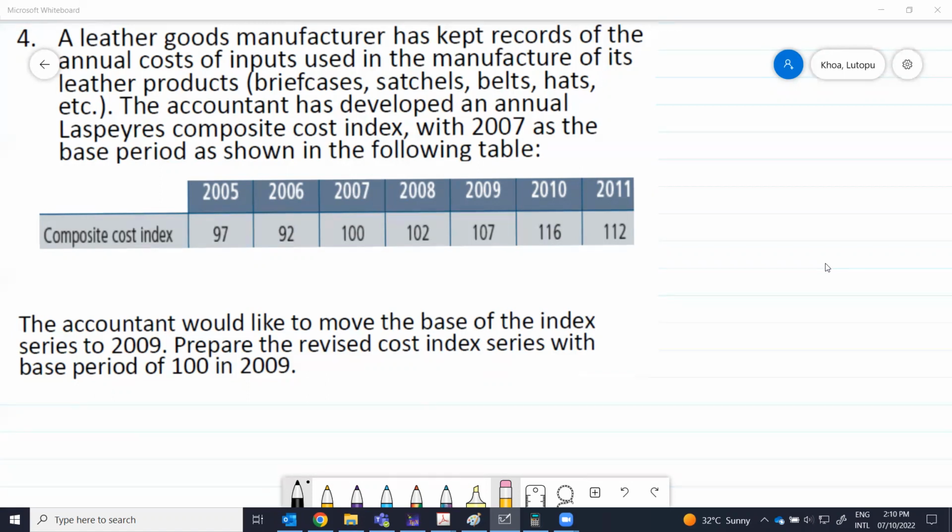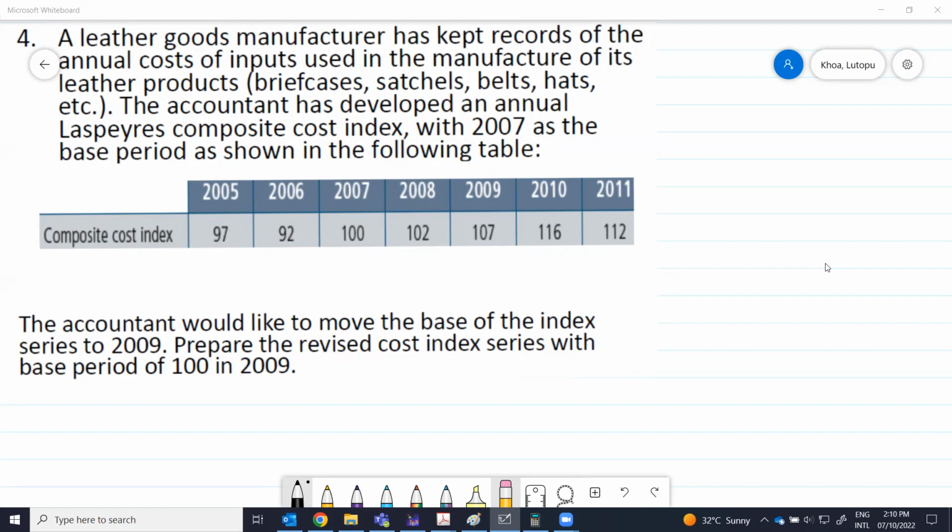Now, the accountant would like to move the base of the index series to 2009, prepare the revised cost index series with base period of 100 in 2009. Okay, so what that means is over here where there's 107, you should end up with 100.